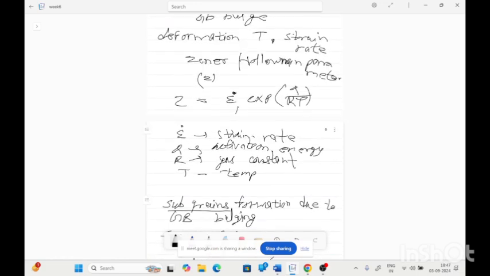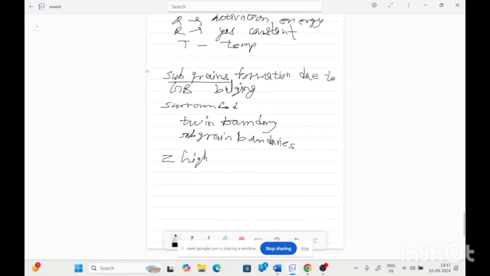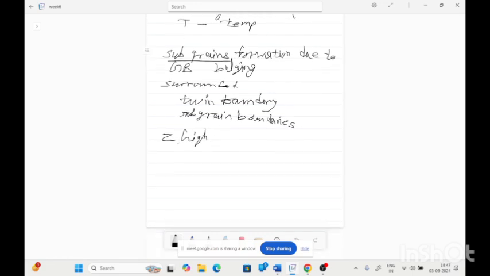So if strain rate is high and temperature will be low, then the value of this parameter will be high. So for the high Z value means high strain rate and the lower temperature, subgrain boundaries are present in this case.